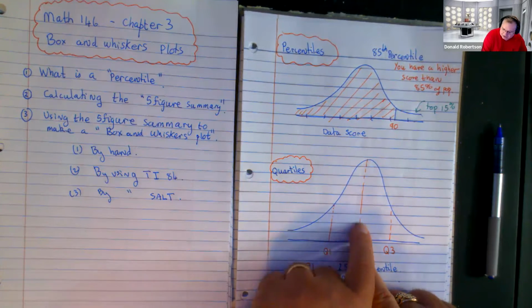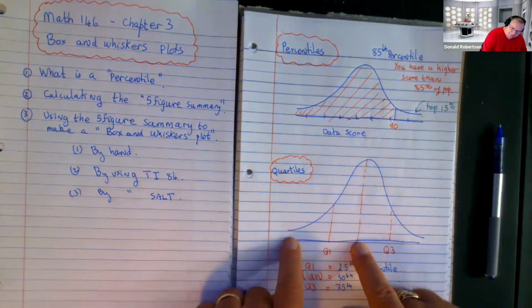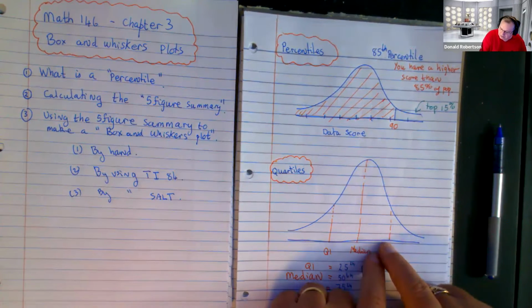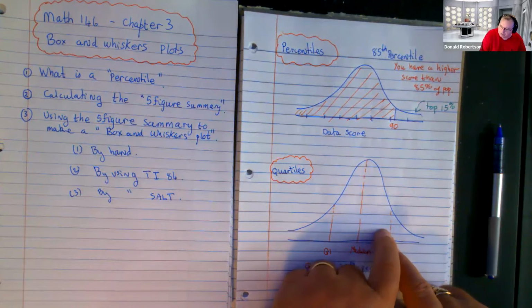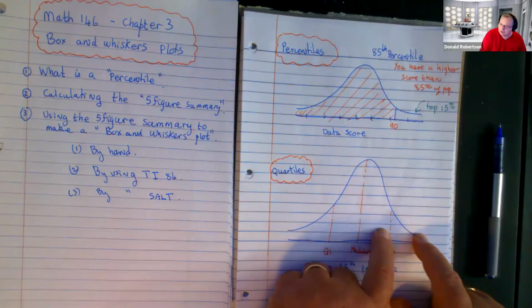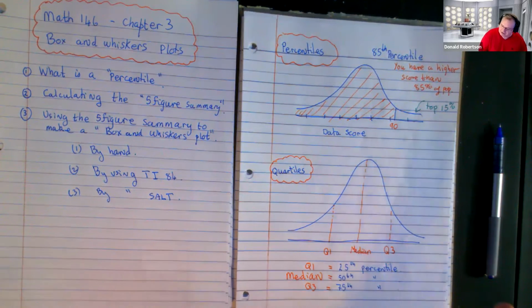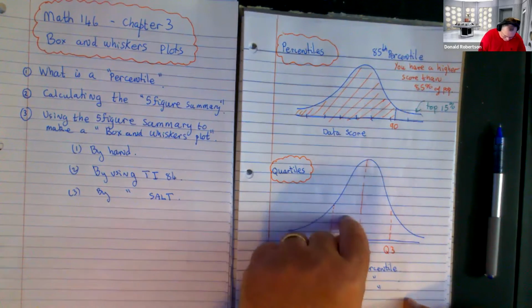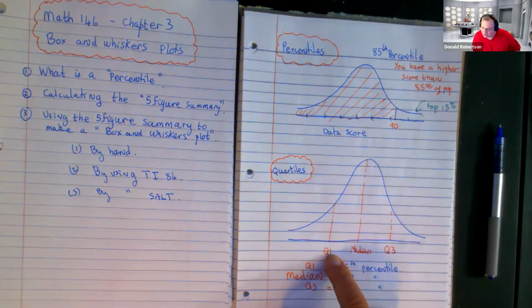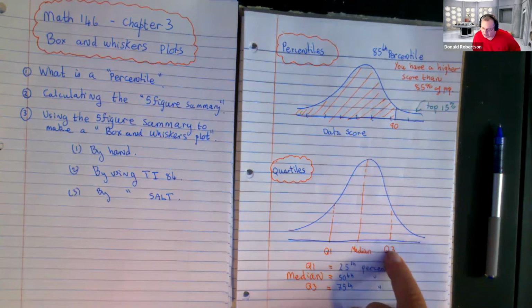The median is exactly in the middle. Isn't the median 50% better, 50% worse? And then over here, at Q3, there will be 3/4 you're better than and 1/4 is better than you. It makes sense then, if you break things into 4 pieces, to call them quartiles, even though there's only 3 quartiles: Q1, the median, and Q3.